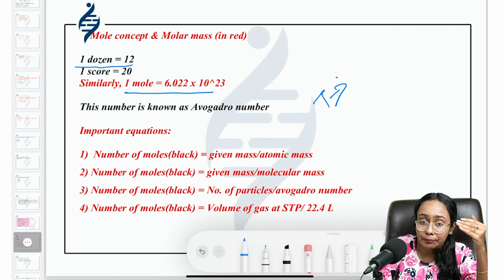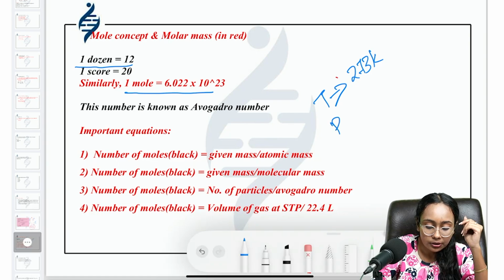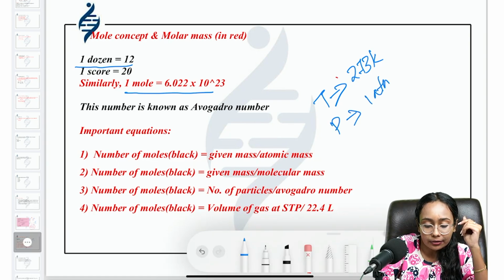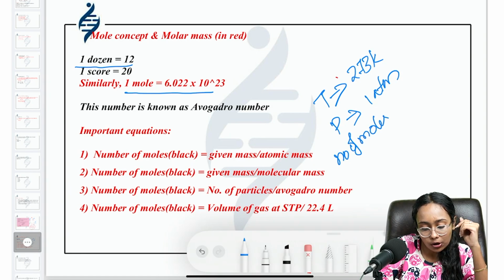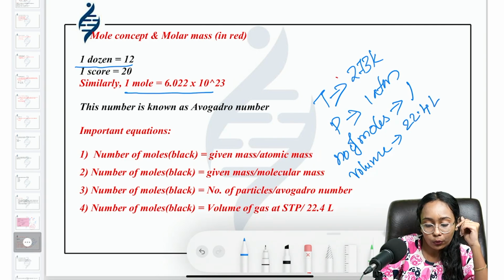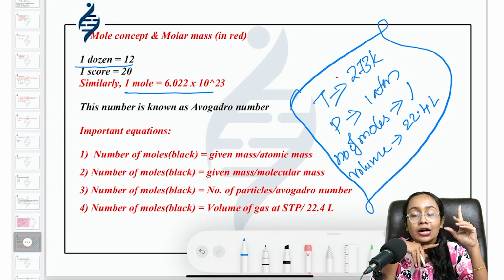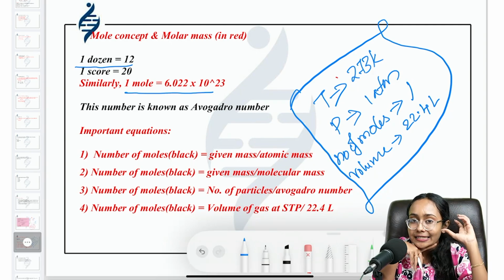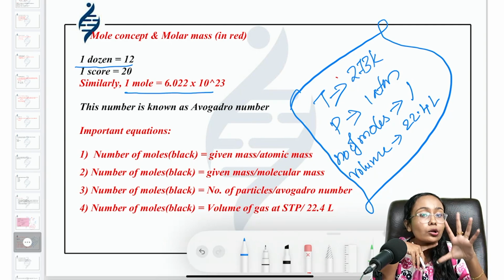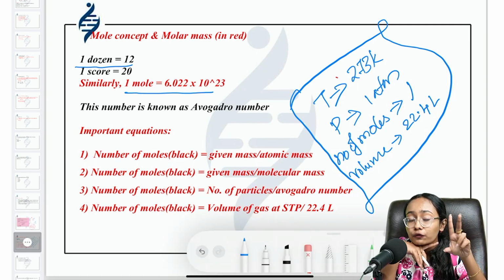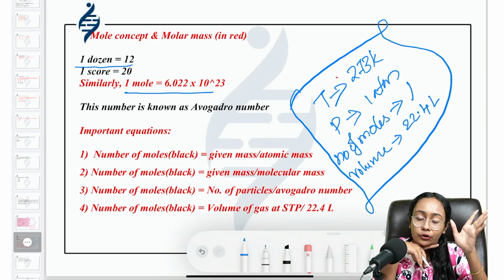So standard temperature and pressure condition means at 273 Kelvin temperature, 1 atm pressure, for 1 mole of a substance, you have the volume of that substance which is equal to 22.4 liters. This is the standard temperature and pressure condition. You can say like that.